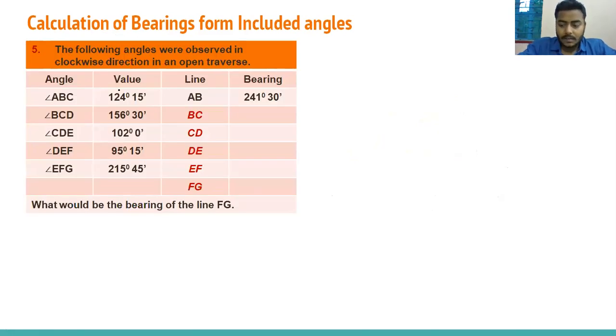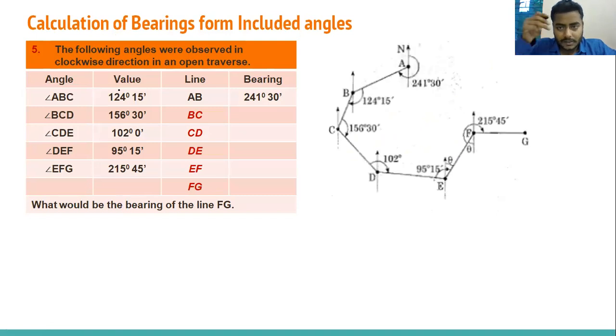Now let's solve one question. The following angles were observed in the clockwise direction in an open traverse. What would be the bearing of the line FB? Okay, so bearing of line AB is given, and you have to calculate the bearing of this line.